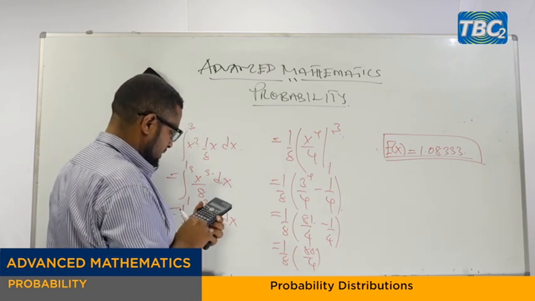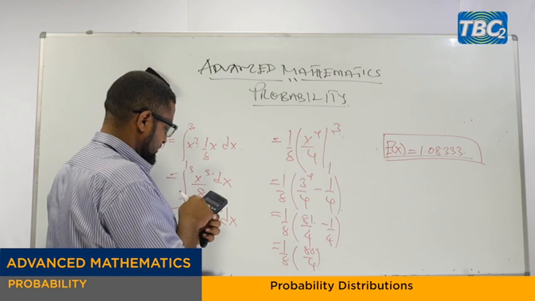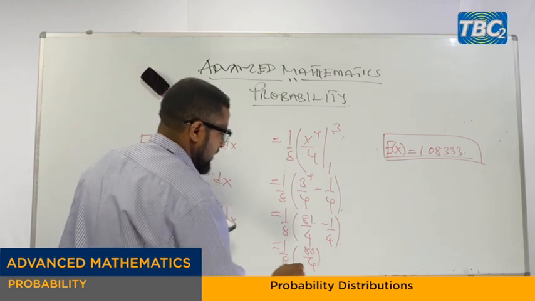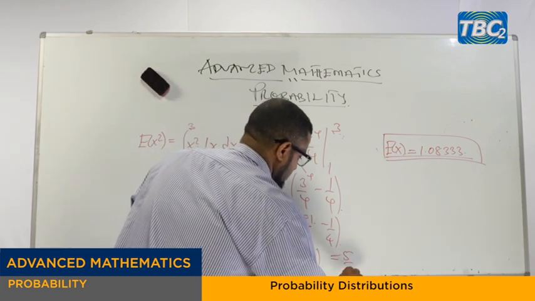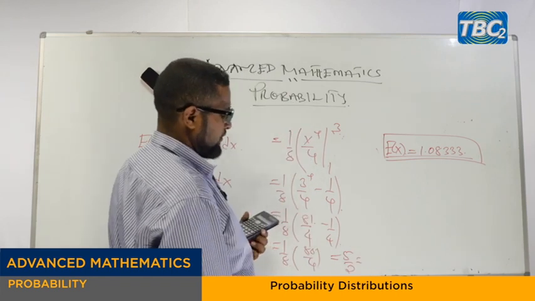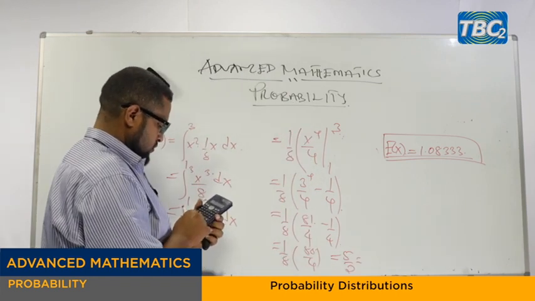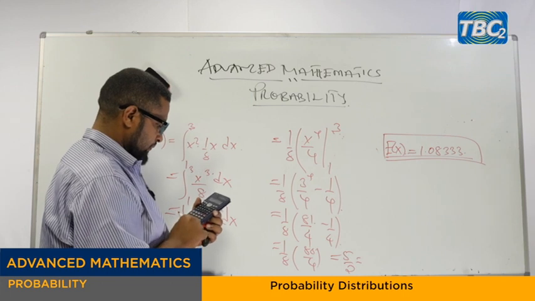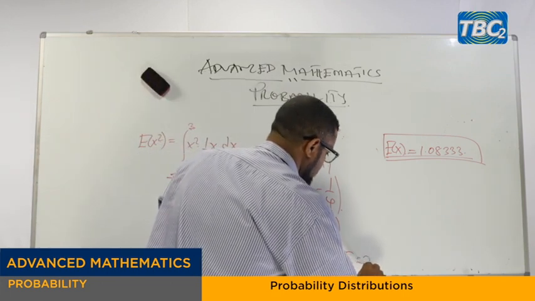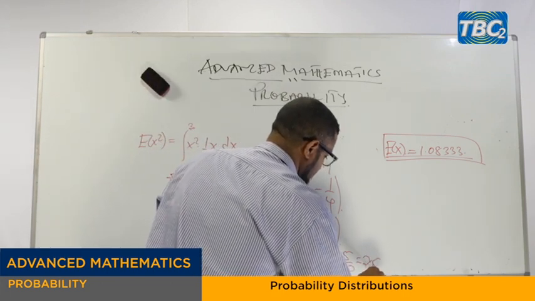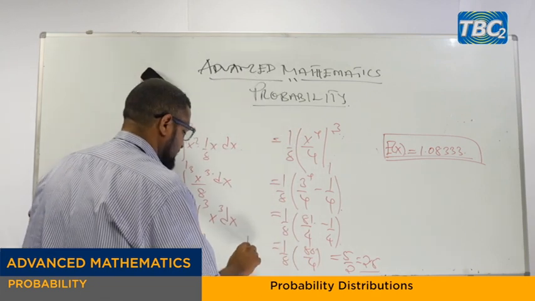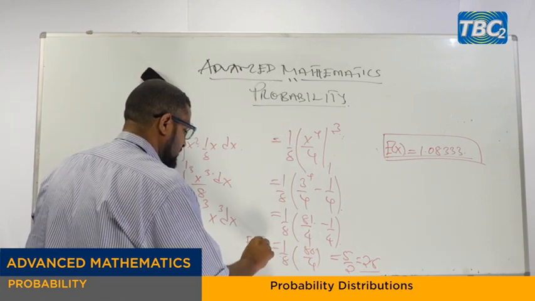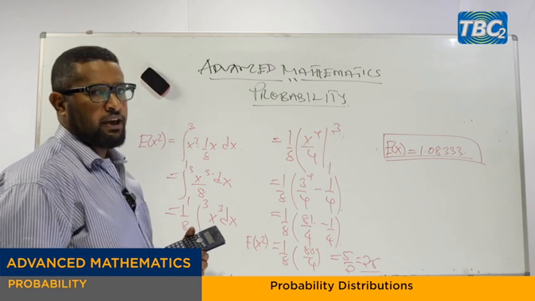So we multiply by 20 over 8 and we get 5 over 2. When you simplify more, you will get 2.5. And that is the value of expectation when the variable is squared.